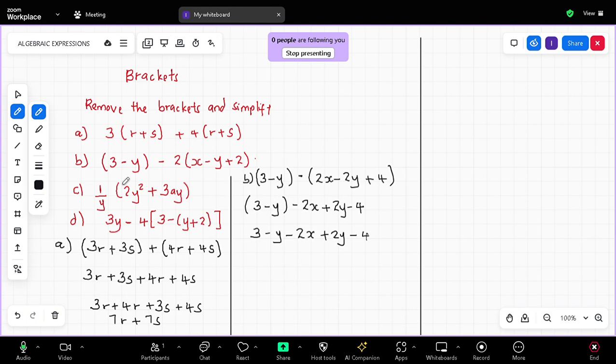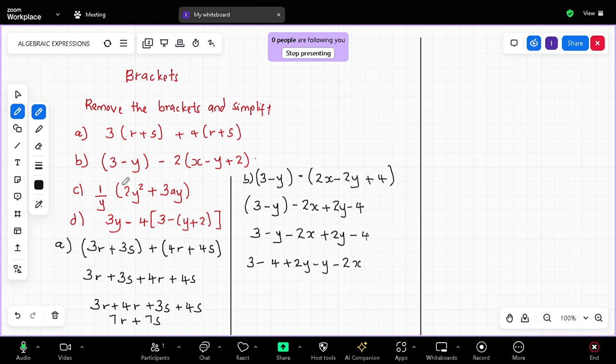Now at this point we need collection of the like terms. The like terms we have are 3 and 4, which have no unknown. So we have 3 minus 4. Those with unknown terms: plus 2y, then minus y, we take the signs before, then minus 2x.